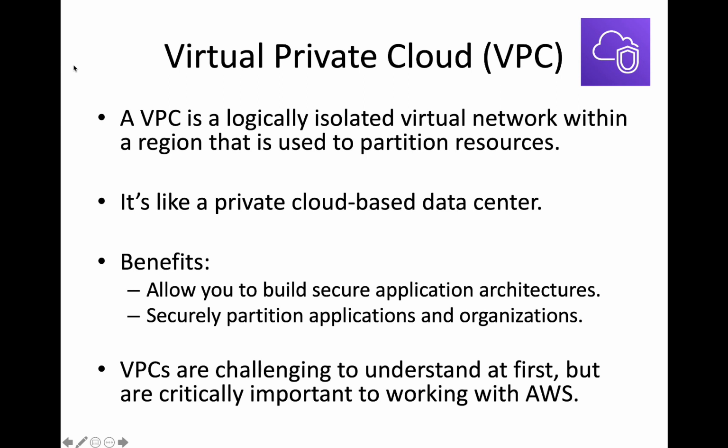Our next topic is going to be virtual private clouds, or VPCs. A VPC is basically a logical network that you can create within an AWS region. And its primary purpose is to allow us to partition resources within a region.